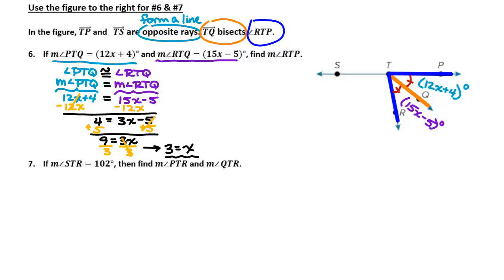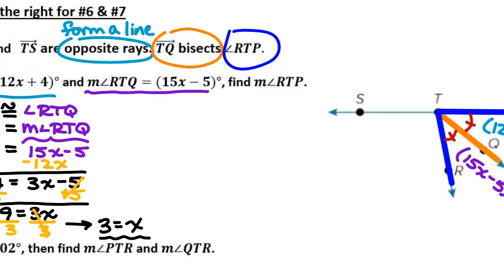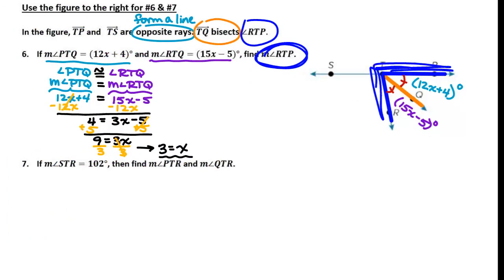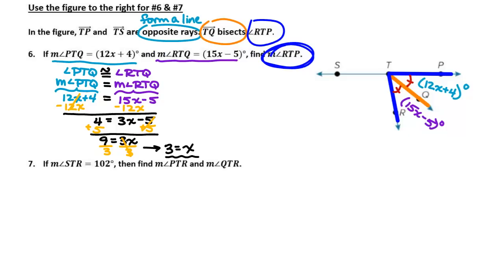What do they want me to find in this problem? RTP, which is this big blue angle here. There's 3 different ways I could do this. 2 of them are really similar. One of the ways I could do this is I can take that answer for x, sub it into both of these, and then add them together, because together they make the big blue angle.